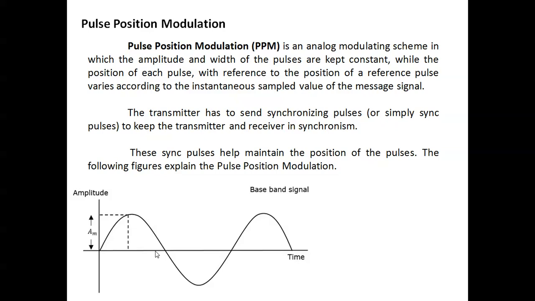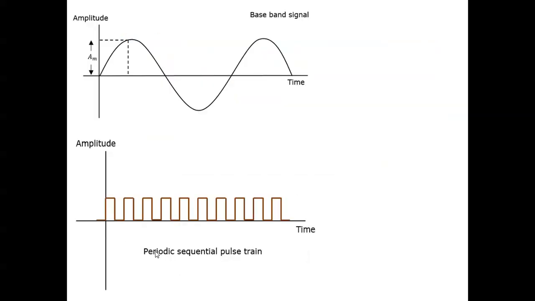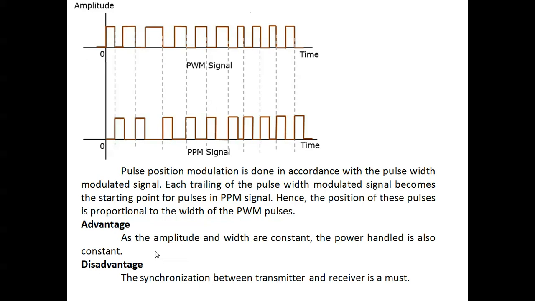That is called pulse position modulation. Again, there is an input and its amplitude, and then the carrier, a periodic pulse train. You see the pulse position signal, how it will vary.